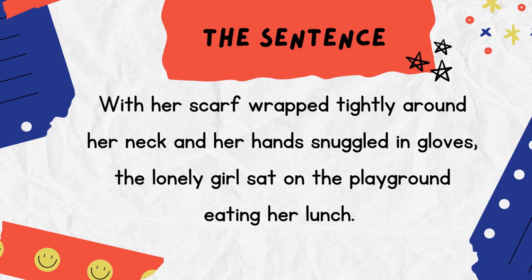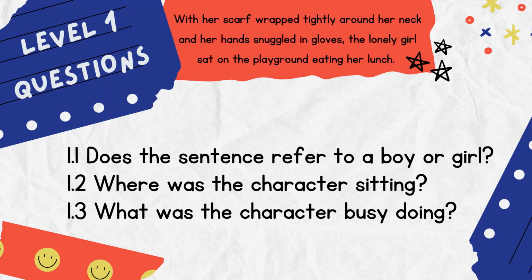As an example, let us consider the following sentence. With her scarf wrapped tightly around her neck and her hands snuggled in gloves, the lonely girl sat on the playground, eating her lunch. If you read through the following questions, you should be able to find the answers in the sentence, because level 1 questions are explicitly stated in the text.